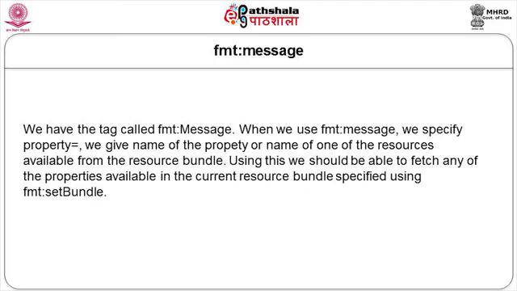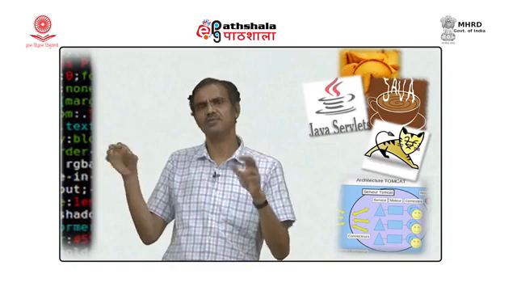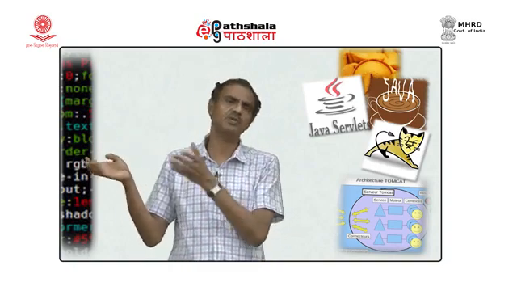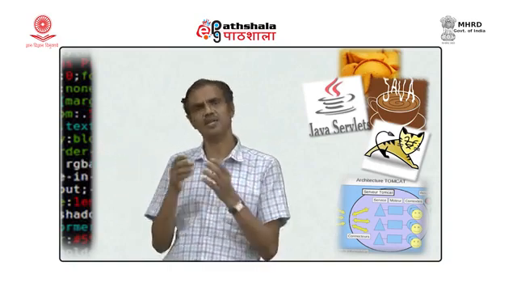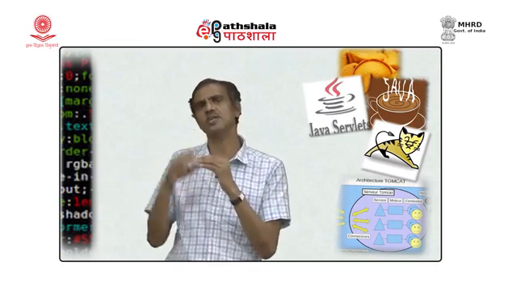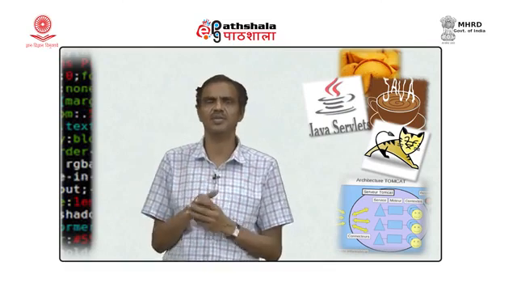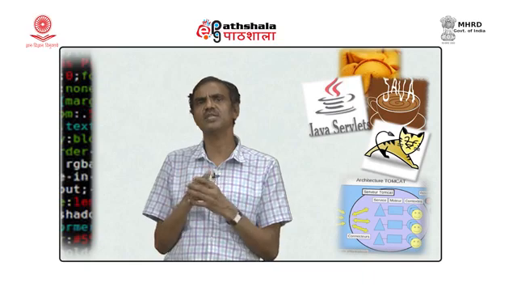When we say fmt:message, we can say property equal to, and we will give the name of one of those resource names, the key part, which we have specified in the properties, and using that we should be able to fetch any of the properties. The property which is best according to the current locale can be fetched for us by using this kind of a tag.